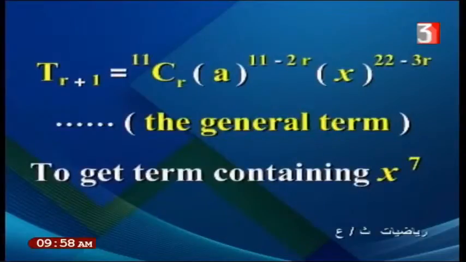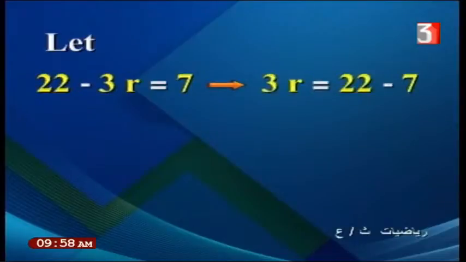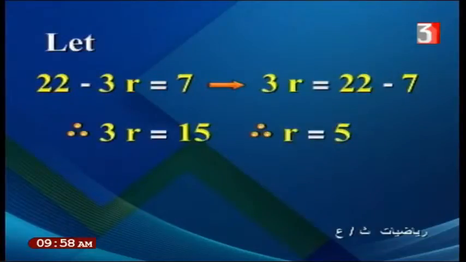To get the term containing x to the power 7, we put x to the power 22 minus 3r equal x to the power 7. Look at 22 minus 3r equals 7. Therefore, 3r equals 15, then r equals 5.